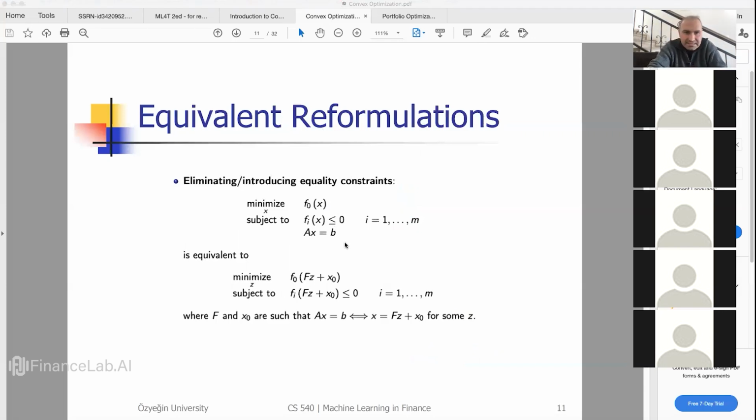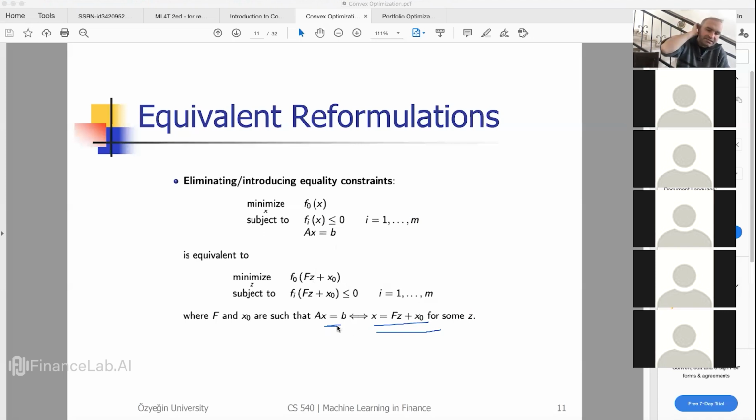And in this case, we can transform this problem without the equality constraints, and we can basically eliminate the equality constraints by defining x as Fz plus x0. So we replace x with Fz plus x0 such that Ax = b is satisfied.